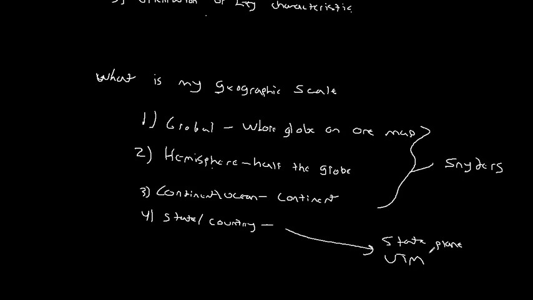So we don't really have to worry about them as much in terms of distortion. If you're working with, say, a single county, that is most likely going to be either in state plane or UTM, which we'll be talking about in the next video.